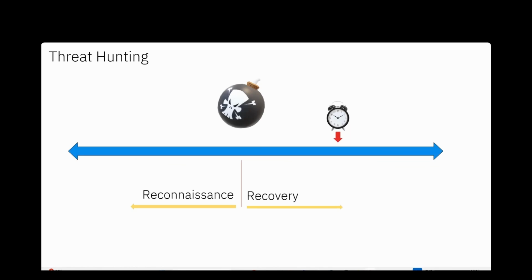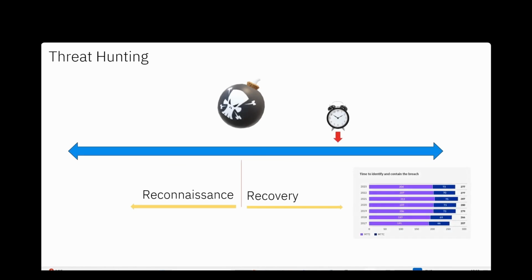There's a time here which is the mean time to identify what the problem is. According to the Ponemon Institute survey in 2023, the mean time to identify is in the order of 200 days. Yes, you heard it right. It's about 200 days. That's how long it takes to figure out that the bad guy is already in your system.